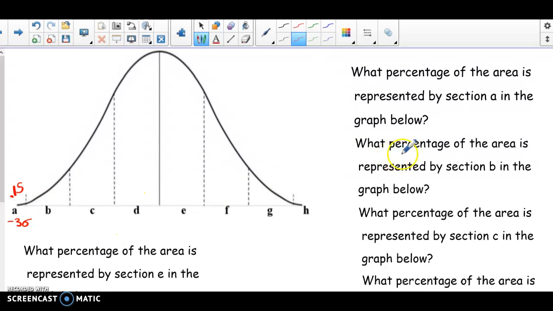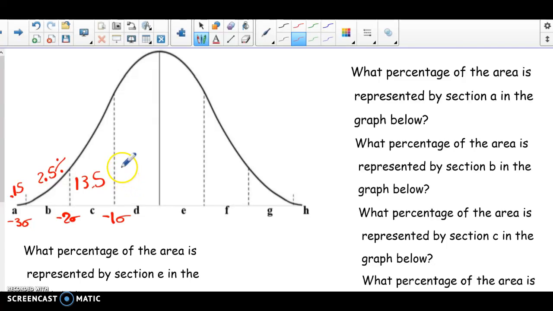What percent of the area is represented by section B? So this is between -2 standard deviations and -3. So that one's going to be 2.5%. All right. What percent of the area is represented by section C? This is between -1 and -2 standard deviations, so that one's going to be our 13.5.